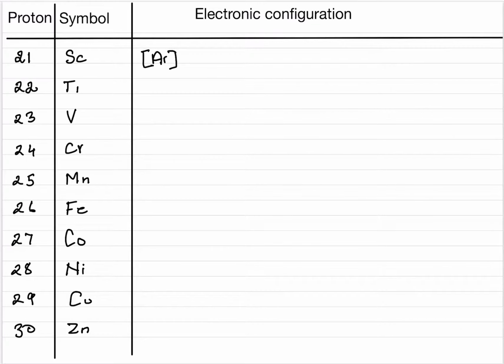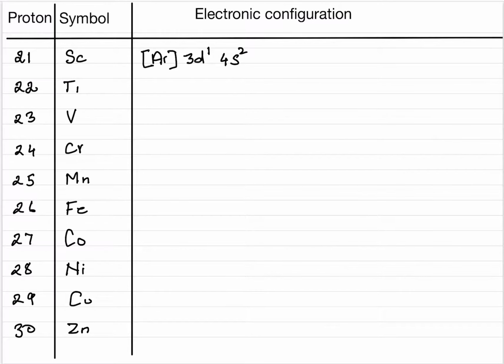Writing the whole electronic configuration takes a lot of time, so we can shorten it by putting argon in a square bracket, and then we can write 3d1 and 4s2. Another thing you will notice over here is we write the 3d before the 4s.